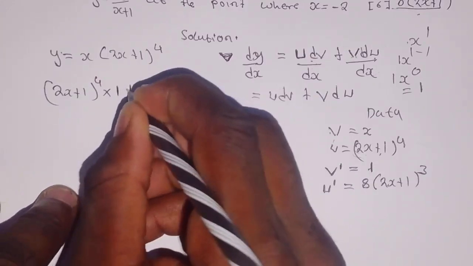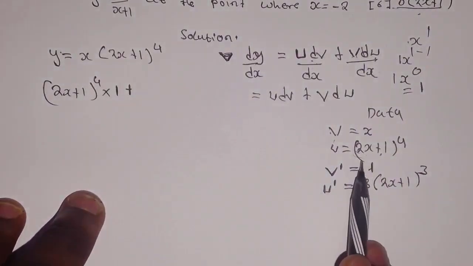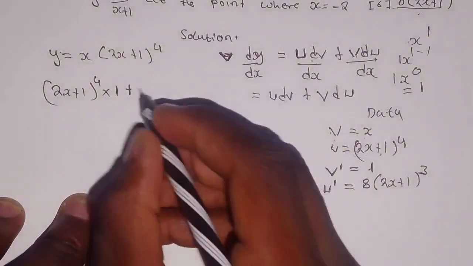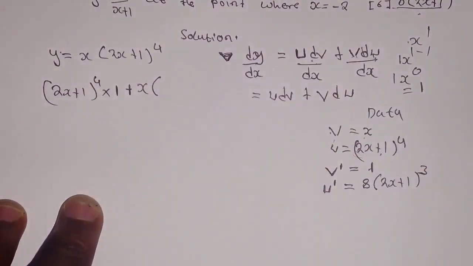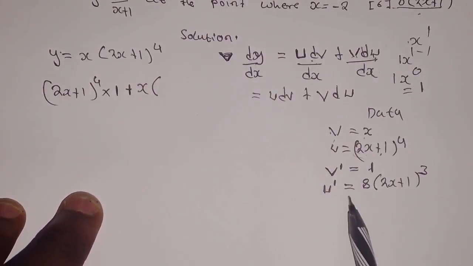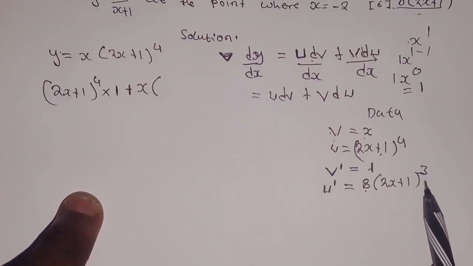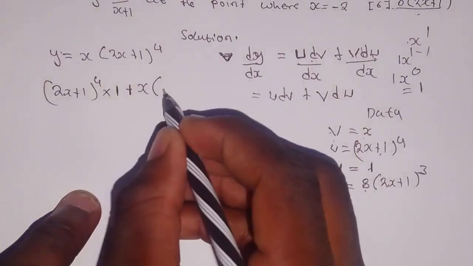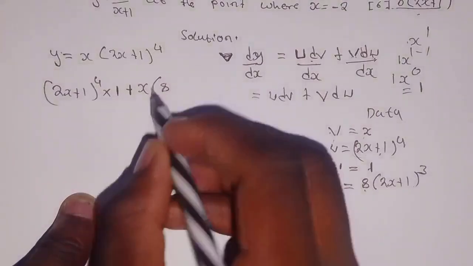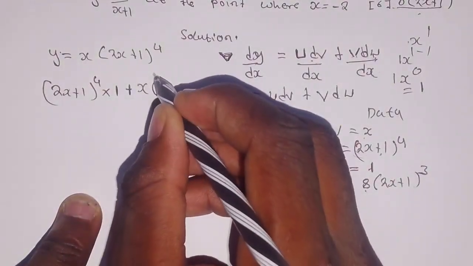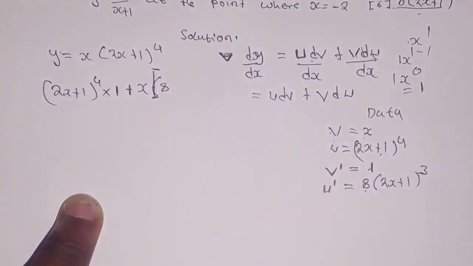Plus our v, which is x, multiplied by our du, which simply means the differentiation of our u, which is 8(2x + 1)^3. We can put it like this so that we don't get confused.